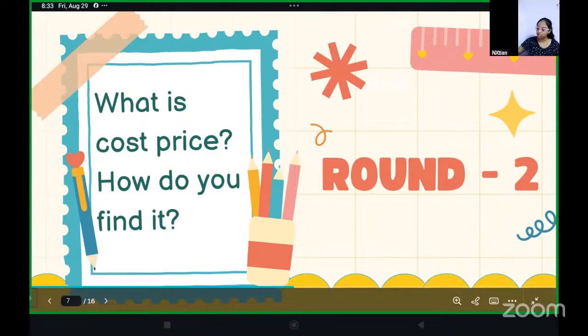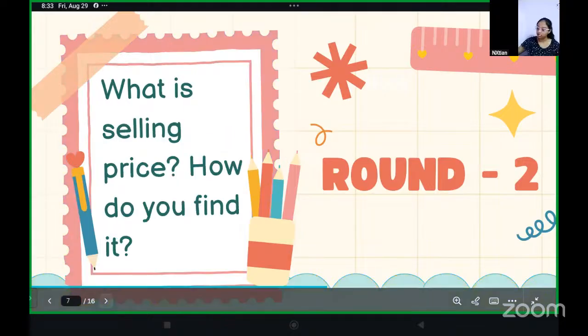Next question is for Emma. What is selling price and how do you find it? Yes, ma'am. Selling price is the price at which an item is sold. The formula is selling price equals cost price plus profit.